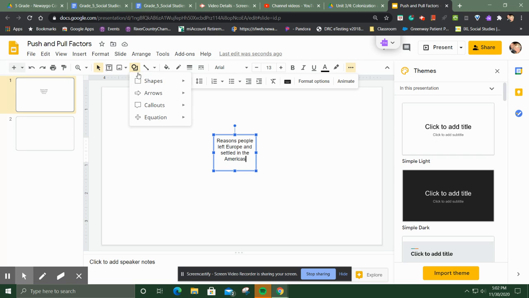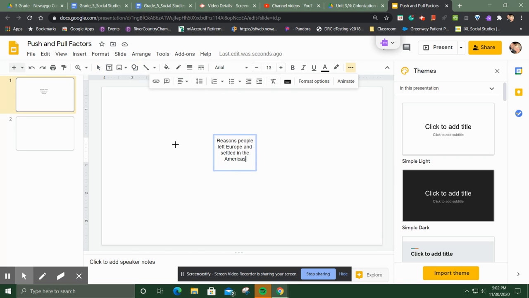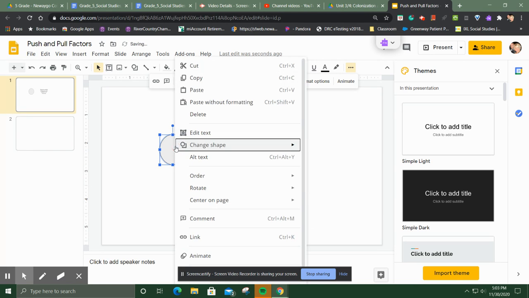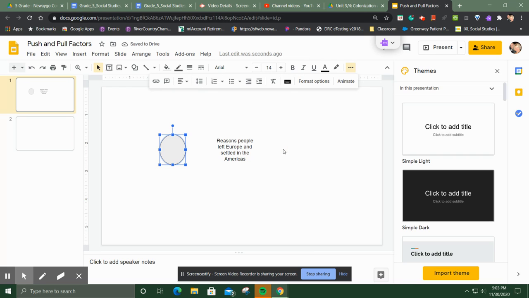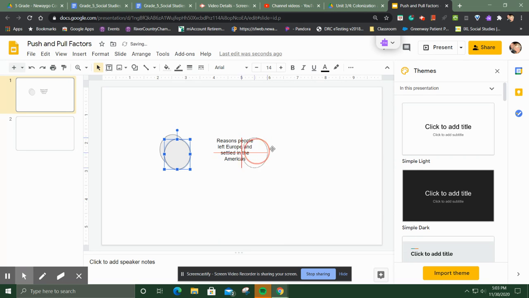So let's focus on the push factors. I'm going to put in a shape over here. Let's do a circle. And I'm going to copy and paste that for the other side, which is going to be the pull factors.